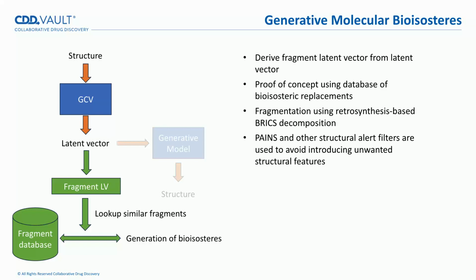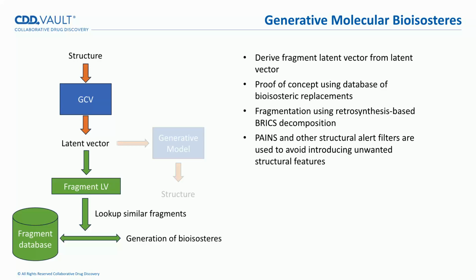And so we integrate that in a system where we take structures, we chop them apart using a retrosynthesis-based approach that goes back to the early 2000s. And then look for fragments that are potential replacements in an existing structure. Utilize this retrosynthetic knowledge to make reasonable suggestions.